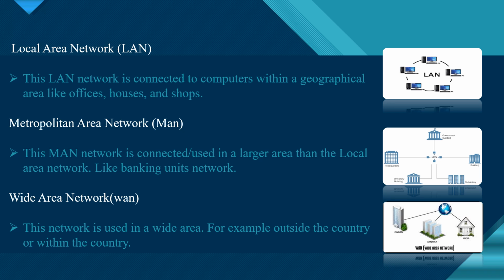This network connects computers within a geographical area like offices, houses and shops. Metropolitan area network. This MAN network connects a larger area than a local area network, like a banking units network. Wide area network. This network is used in a wide area, for example, outside the country or within the country.